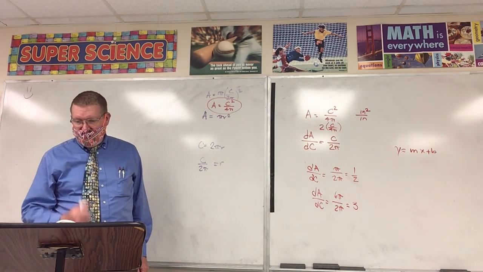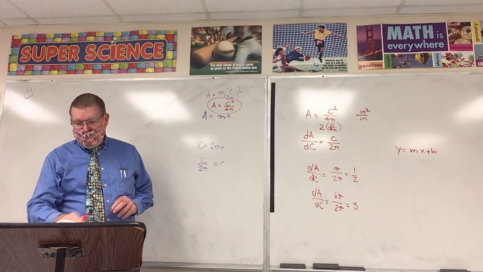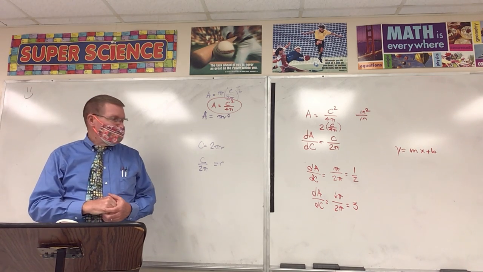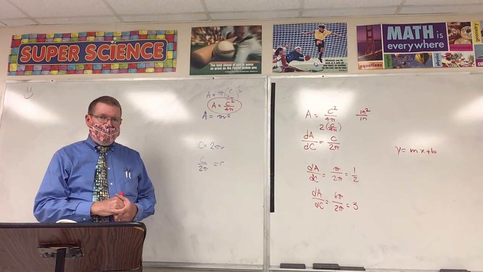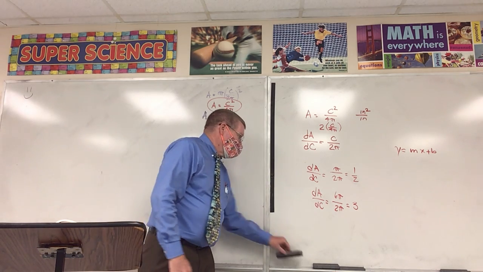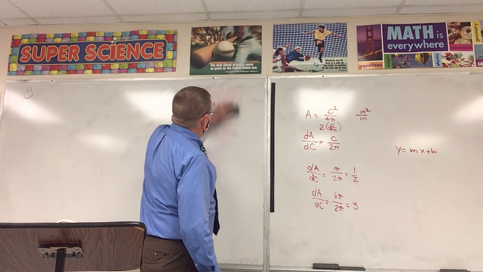So that's from the circumference to the area, and then inches squared over inches is the slope of the change. Correct.